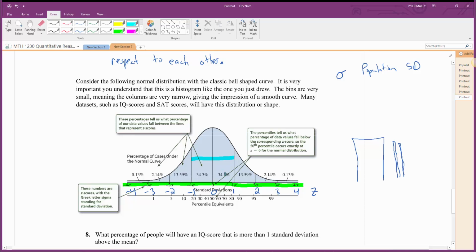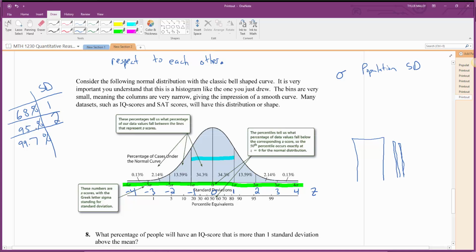Another thing to notice is the data between here and here adds up to about 68%. I was always taught the 68, 95, and 99.7 rule. If you're within one standard deviation away from the mean, 68% of your data will be within that range, so that's between -1z and 1z, one standard deviation away, going both sides.